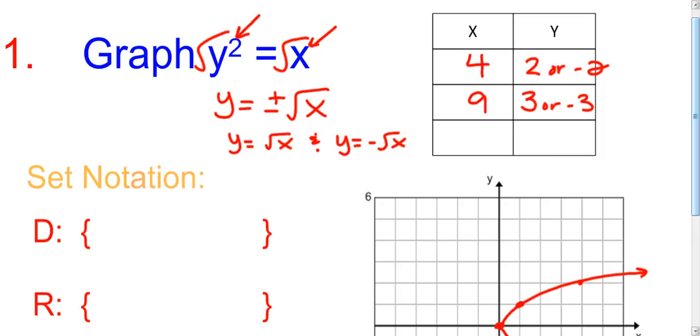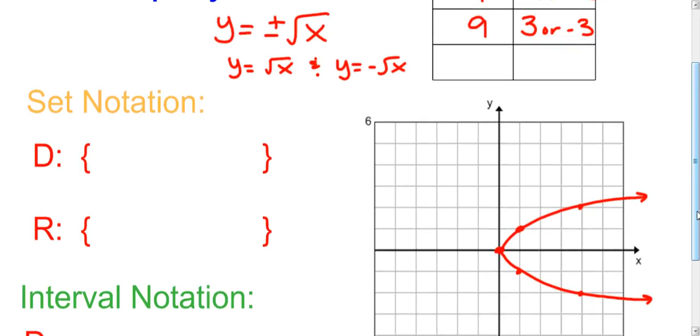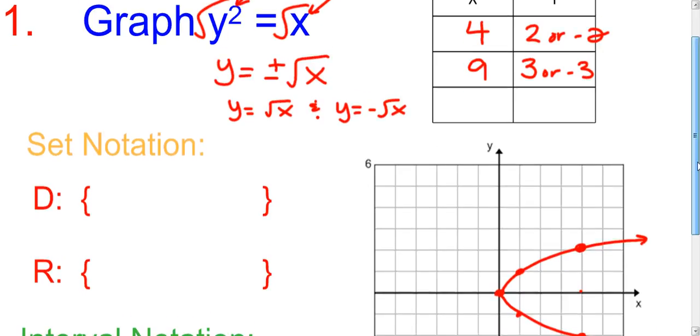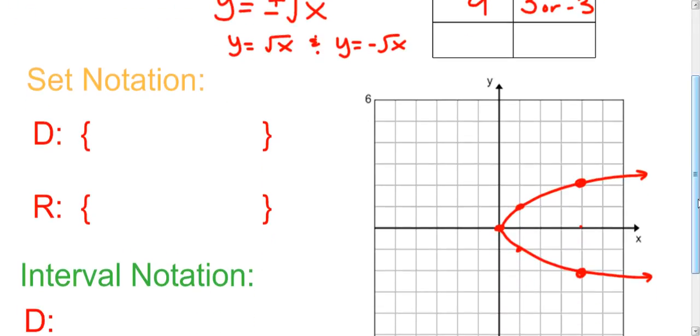So that's why we have plotted the points for 2 and for negative 2, because when x is 4, y could either be 2 or negative 2. When x is 9, y could either be 3 or negative 3. When x is 1, y could be 1 or negative 1, etc. But this is what we get.